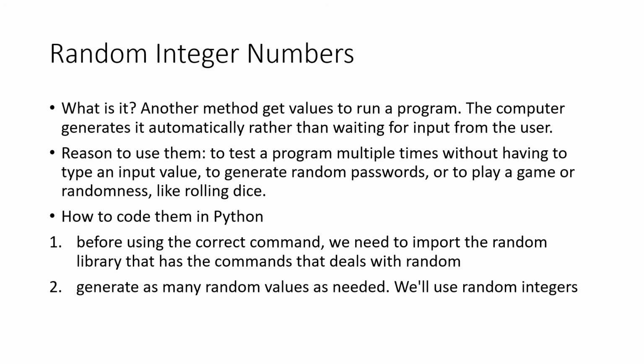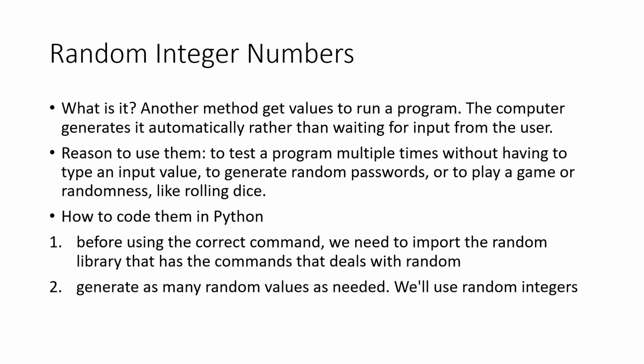Now we're going to focus on random integers. So we're going to have a little bit of fun because random numbers allow us to have the program run with randomness. So what is it?